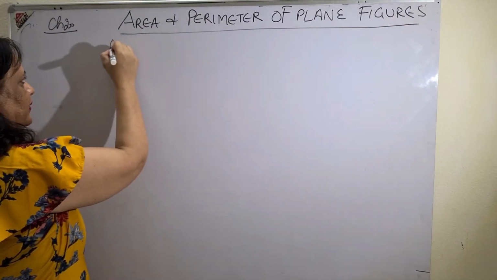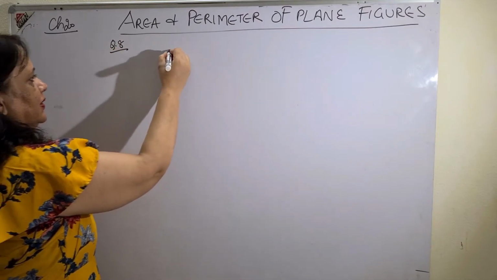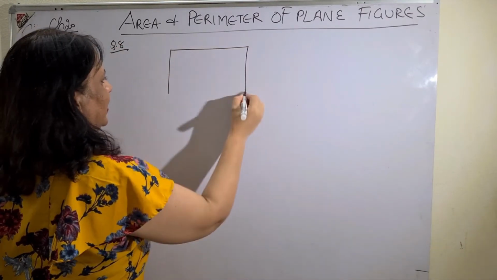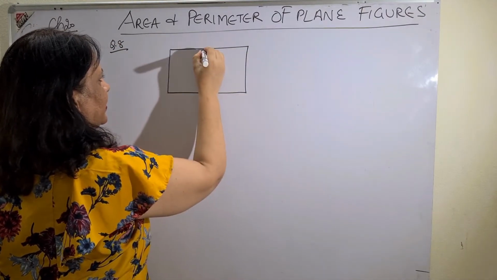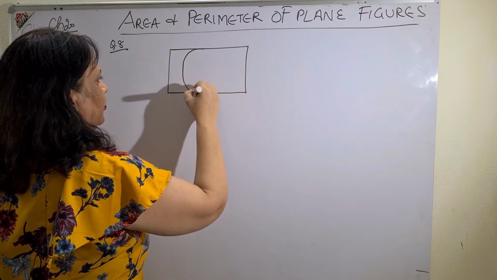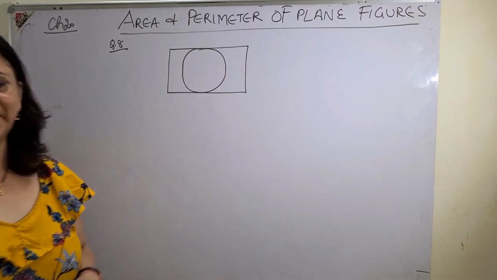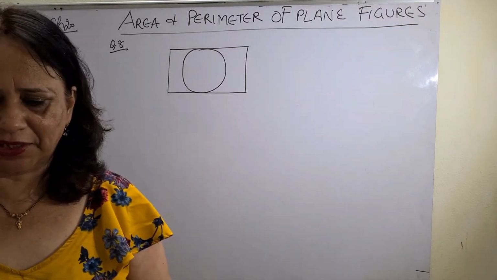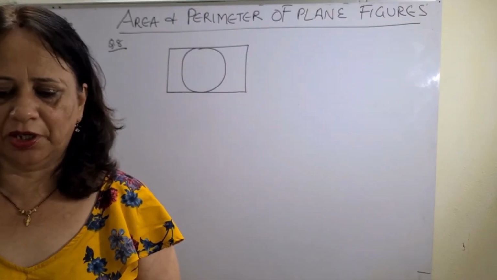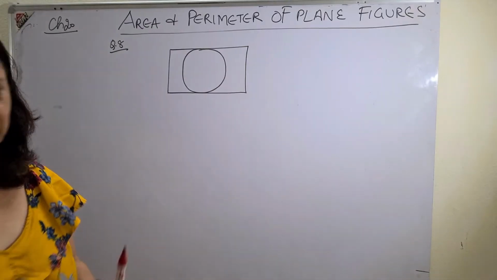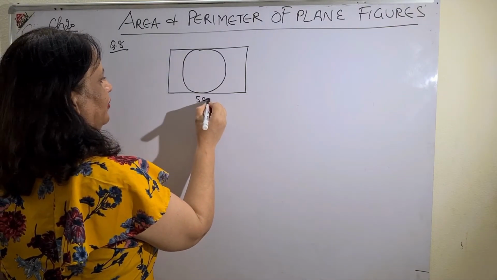Question number 8. A circle of largest area is cut from the cardboard. They have said a circle of largest area is cut from a rectangular cardboard with dimensions 55 centimeter and 42 centimeter.